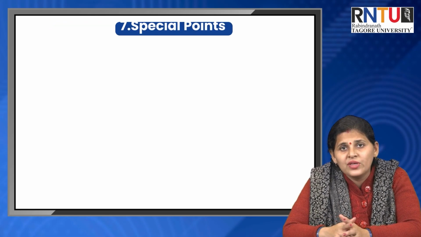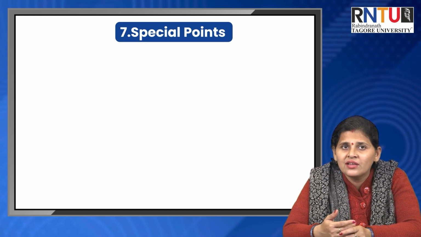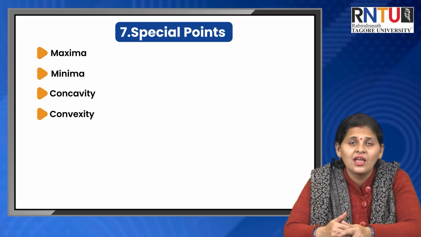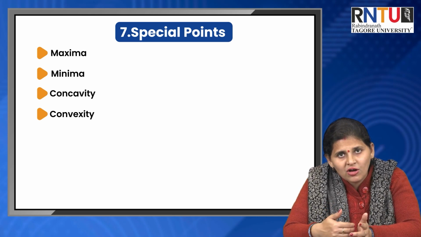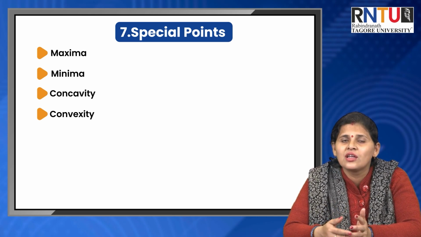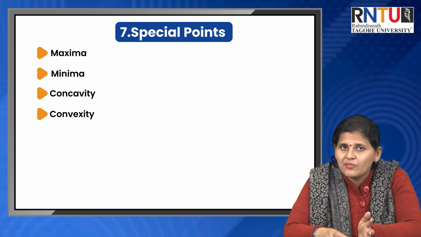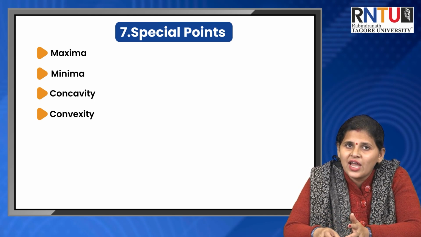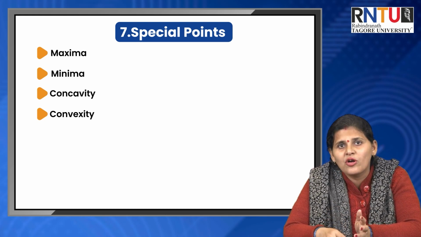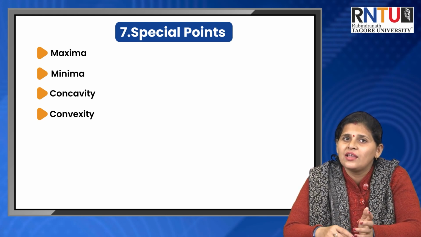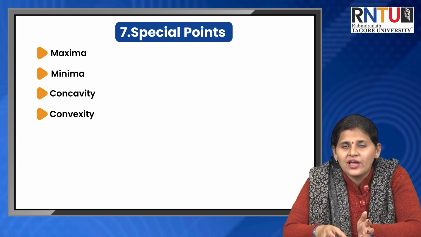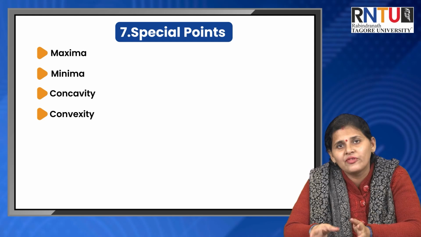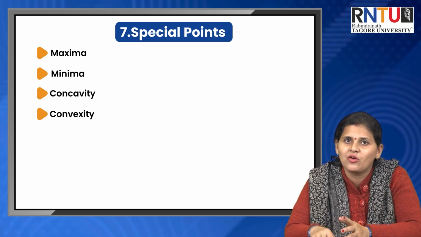Special points are points defined on the curve with maxima, minima, concavity and convexity. If you are unable to draw the curve using the earlier points such as symmetry, origin and tangent, intersection points, asymptotes, and solving for y on x and x on y, then you take special points.